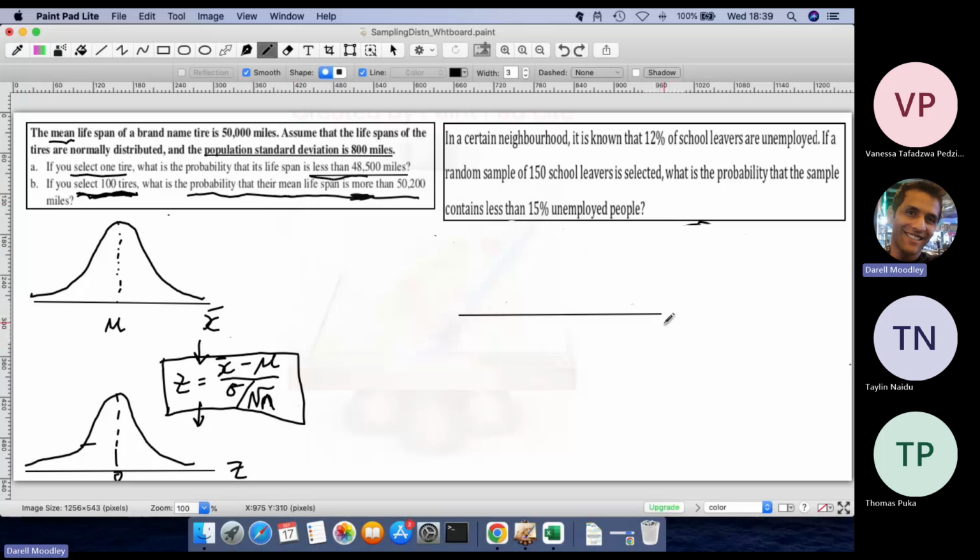So instead of X bar, now we're dealing with proportions, and we'll write proportion mathematically with a P. Now the proportion can also follow a normal distribution, and where it's centered would be the true proportion. What do I mean by true proportion? Well, look at it this way.